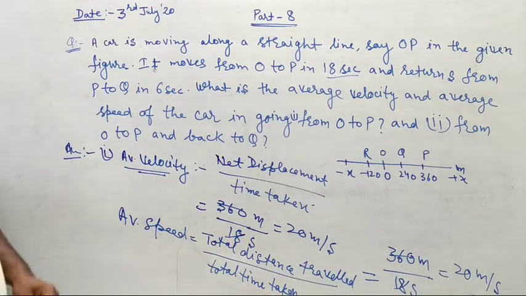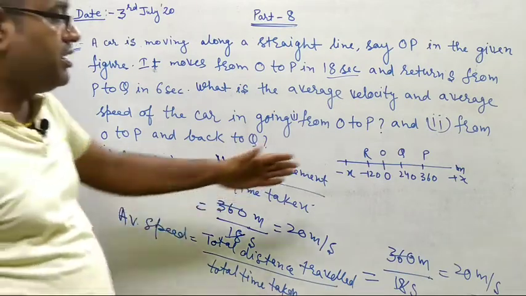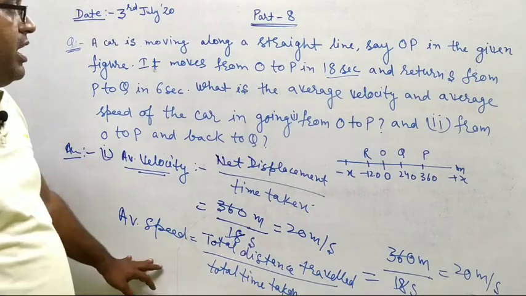So in this case, when the body is moving in a straight line, the average velocity is equal to the average speed.